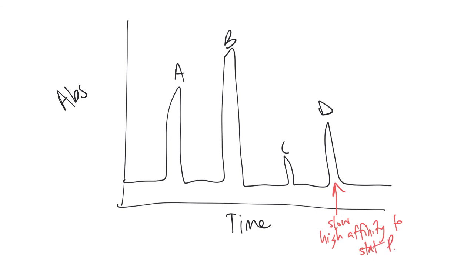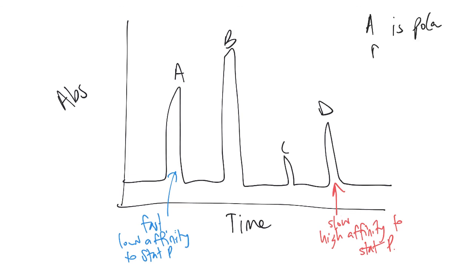And the one that came out first is very fast, which has a low affinity to stat phase, right? And so therefore, if I say that A is polar and D is non-polar, you should be able to work out what the various phases are, the stat phase and the mobile phase.